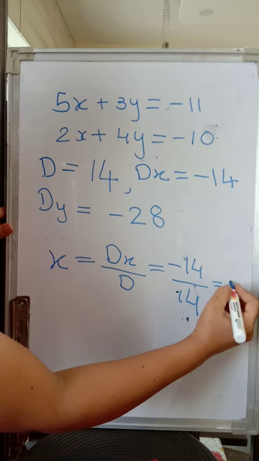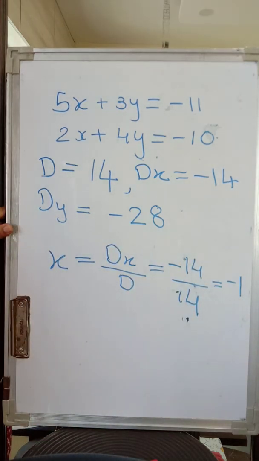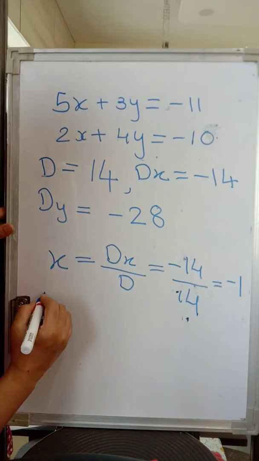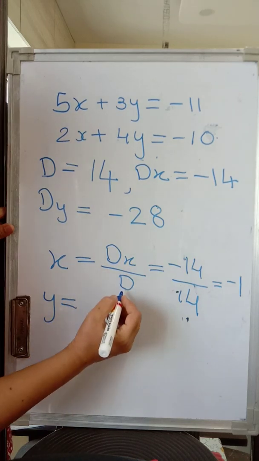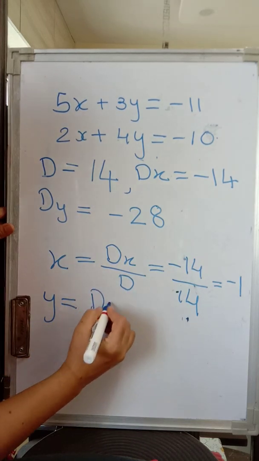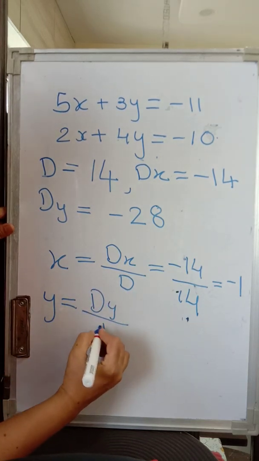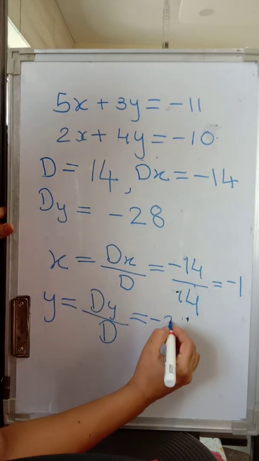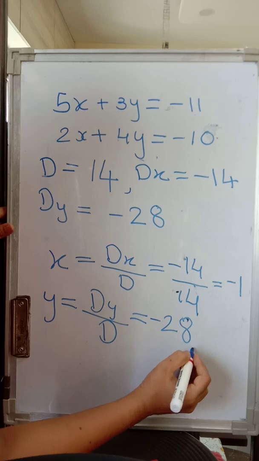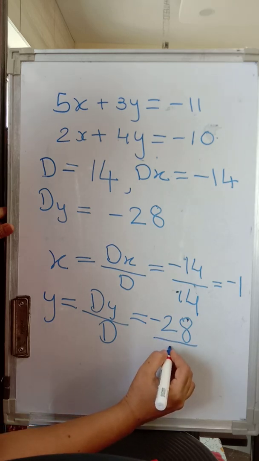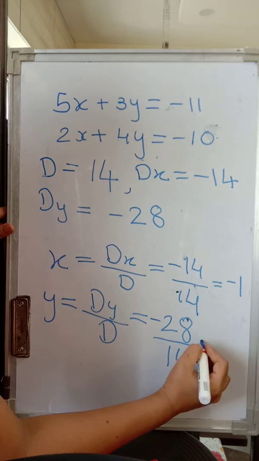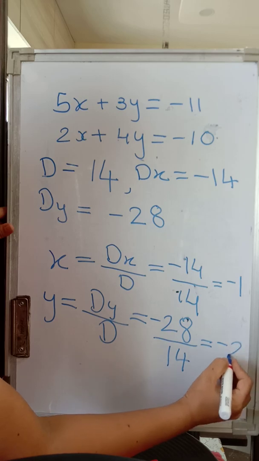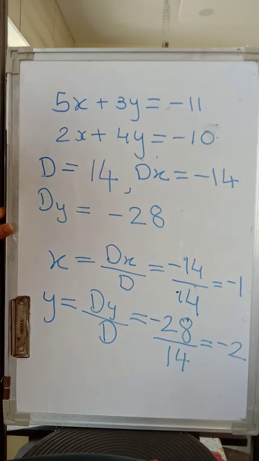So you got minus 1. Easy, no? And what is y? It is dy upon d. What is dy we have calculated? Minus 28 upon 14. This comes out to be minus 2. So we got x and y values.